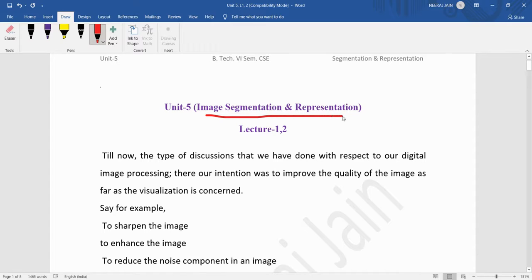Now, what is image segmentation? Till now, in our digital image processing, our intention was to improve the quality of the image as far as visualization is concerned.